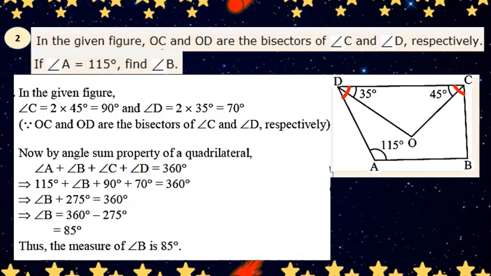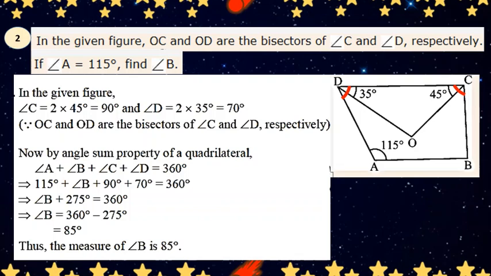Angle D is double 35 because the bisector OD cuts that red marked angle into two equal parts. What is given is half of the marked angle ADC. Therefore, angle ADC is 70 degrees, and angle BCD is 45 into 2, 90 degrees. We can see that L shape, isn't it? That picture is also correct, but we cannot rely on the picture. 45 plus 45 is 90 degrees.